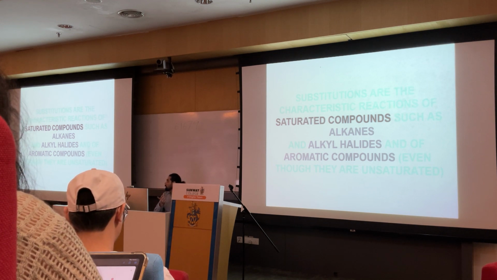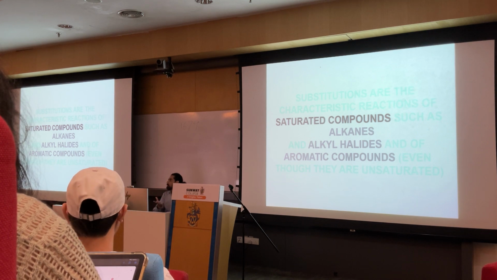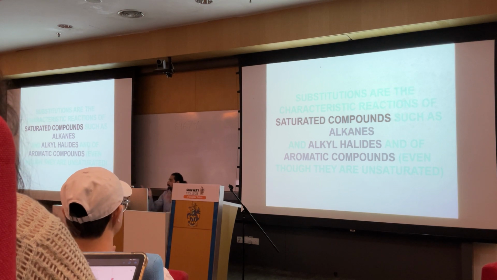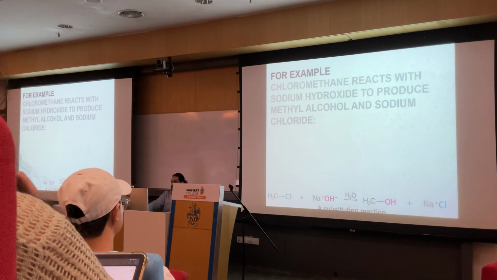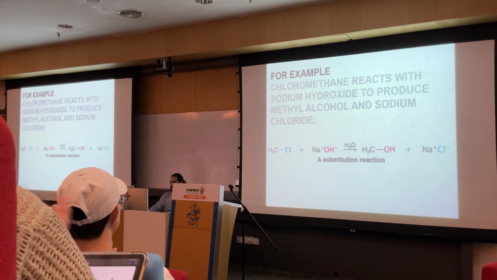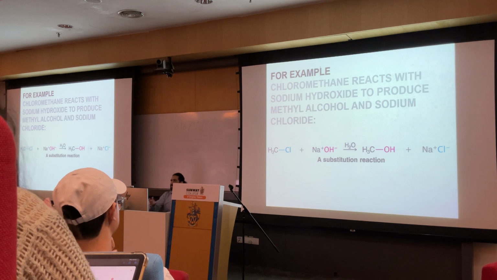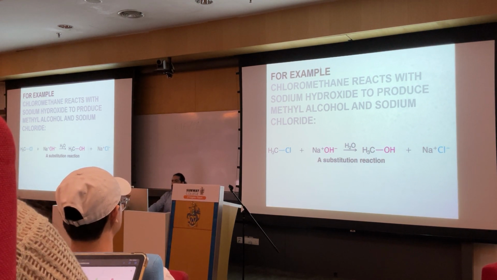So this slide will be useful. If you can only remember this slide, then you can write reactions for all three of them, just any substitution reaction. Example: chlorine is there, sodium hydroxide is substituting chlorine. So you see a substitution reaction, right?